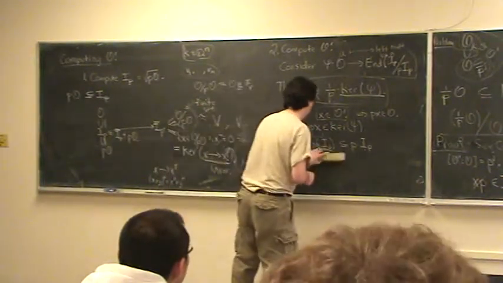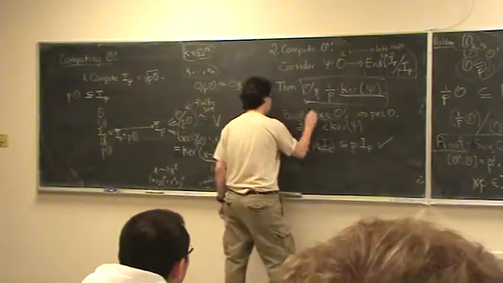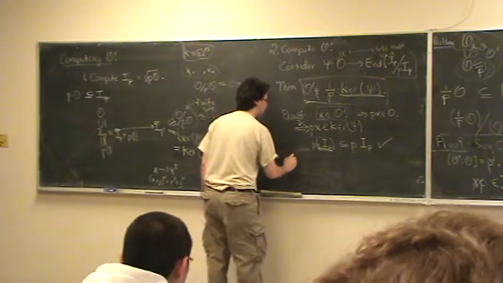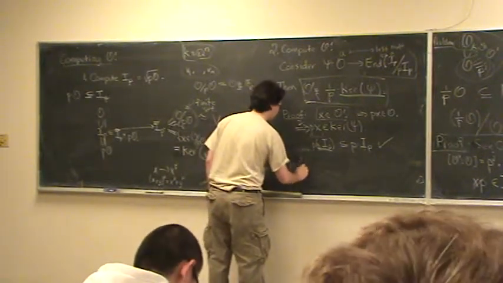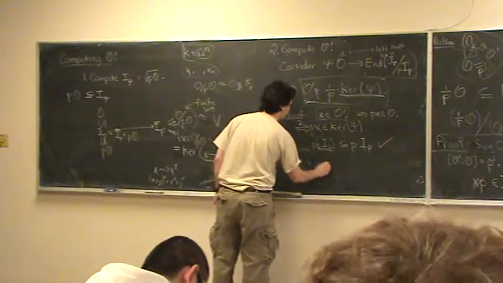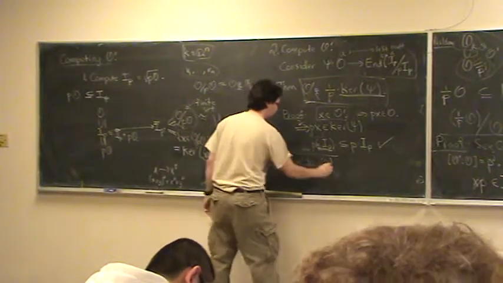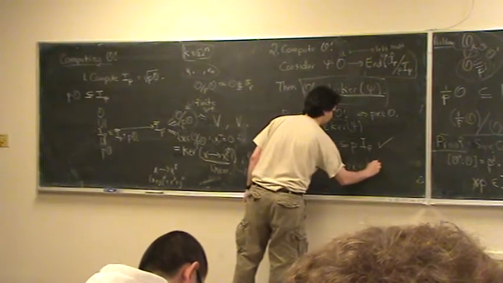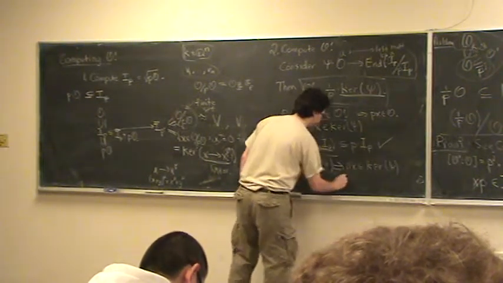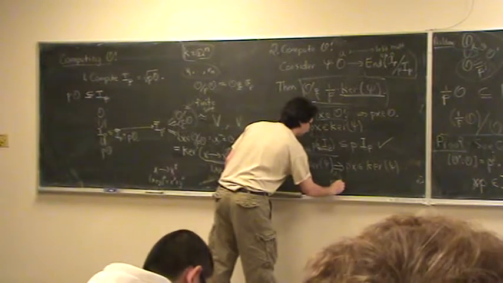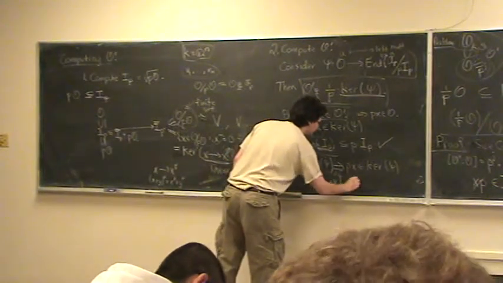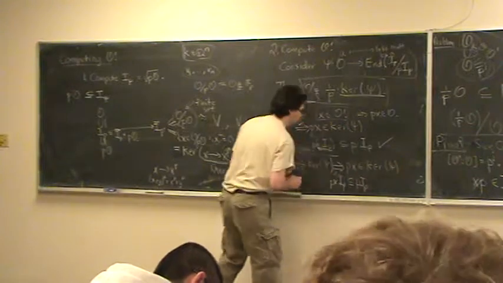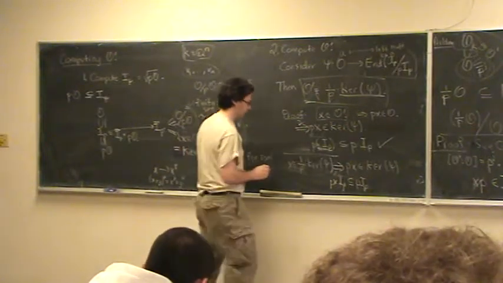Good. So we're done. That's true. Now the other direction: suppose that x is in 1 over p times the kernel of psi. Then p times x is in the kernel of psi. So p times x times IP is contained in p IP, which means that x IP is contained in IP.